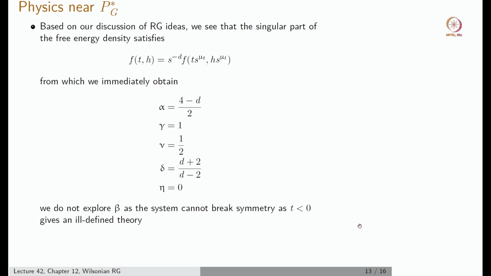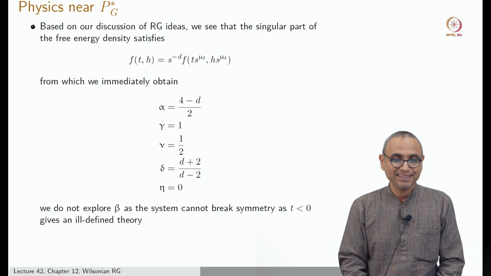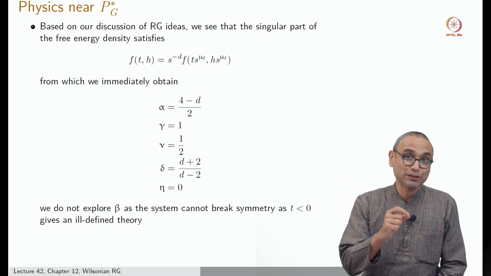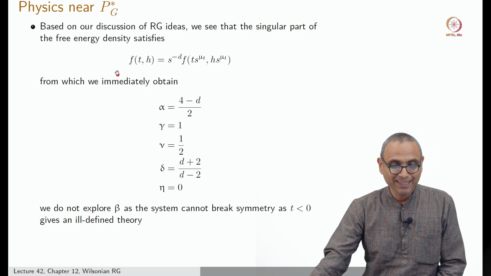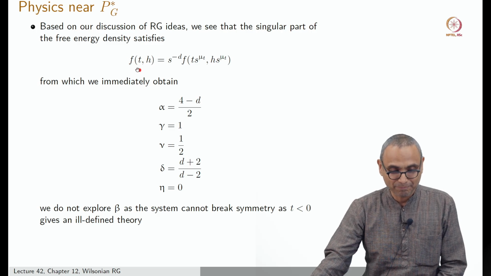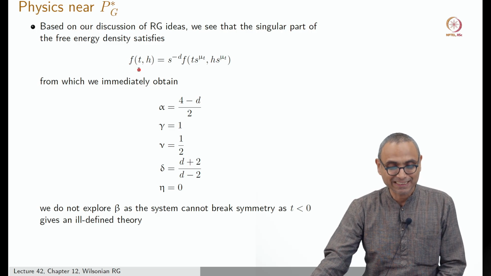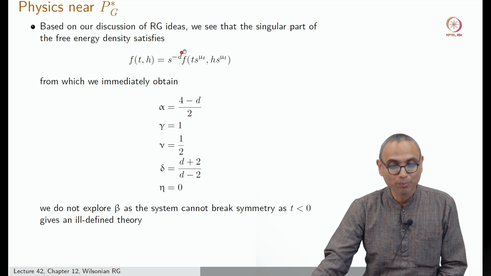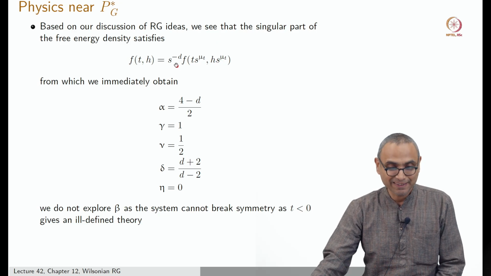So I am going to use all this information now. You now see that there are two relevant operators near this Gaussian critical point that we have. Both mu_t and mu_h are positive. Mu_t is 2 and mu_h is (d plus 2)/2, both are positive, so they are relevant operators. And so based on our discussions of the general formulation of renormalization group, we see that the free energy density as a function of these dimensionless parameters t and h is going to be a generalized homogeneous function, in this fashion.